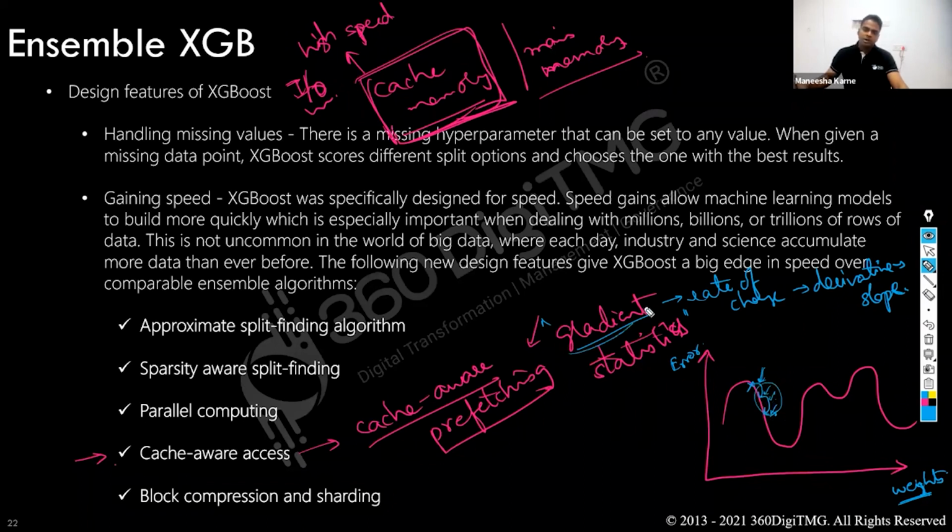All those are gradient statistics. Your algorithm will go through multiple steps in order to minimize this and get to this minimum value. Since it's going to have multiple steps, there'll be a huge number of gradient statistic values.